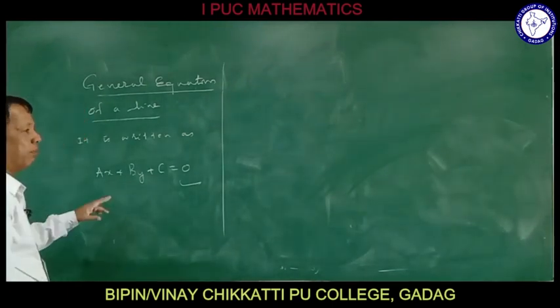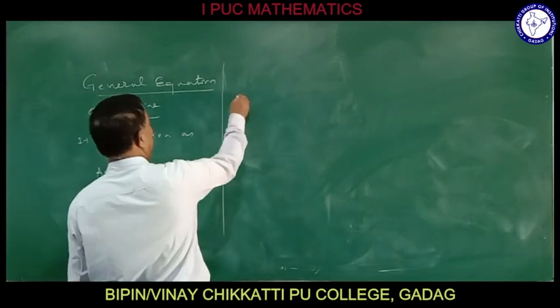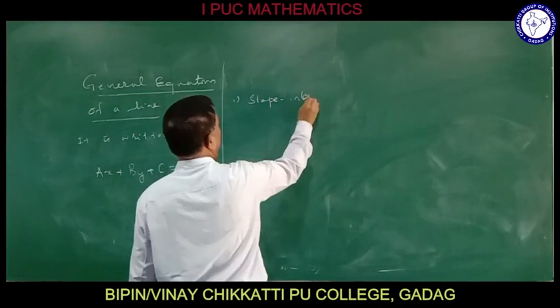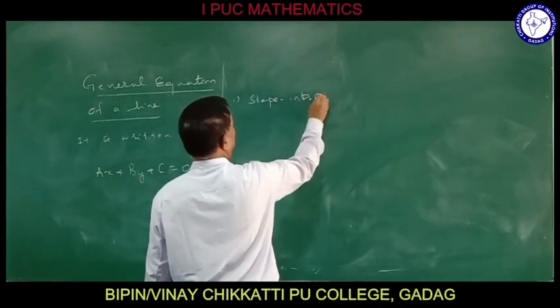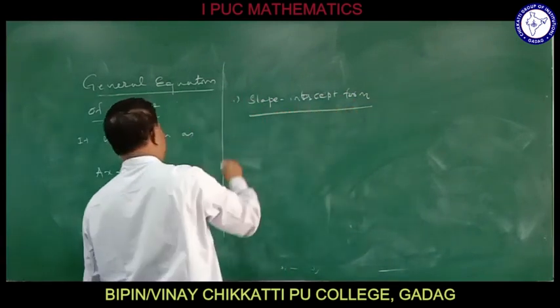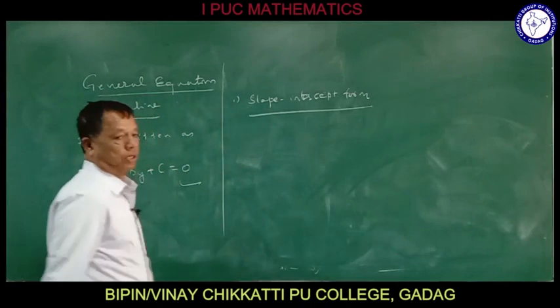Simultaneously means one by one maybe, not both at once 0. What I mean to say is, this general form is to be reduced to slope intercept form.